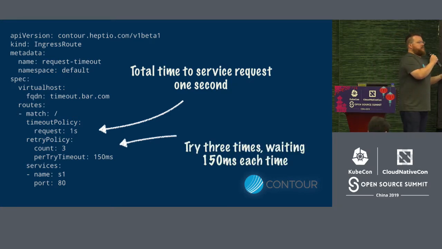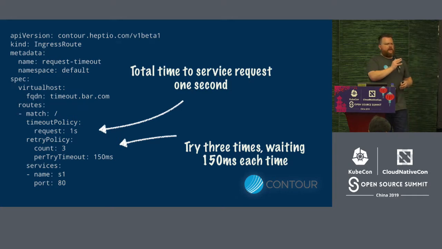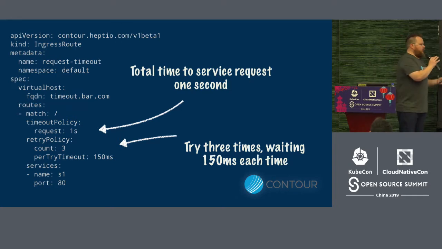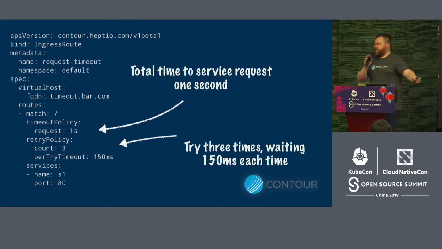And depending on the stability of your application or the way it deals with overloaders, you might want to have retry. You might want to say, try 3 times, giving each try 150 milliseconds. So again, you see, we can just put these right there in the YAML without having to have any confusing annotations.